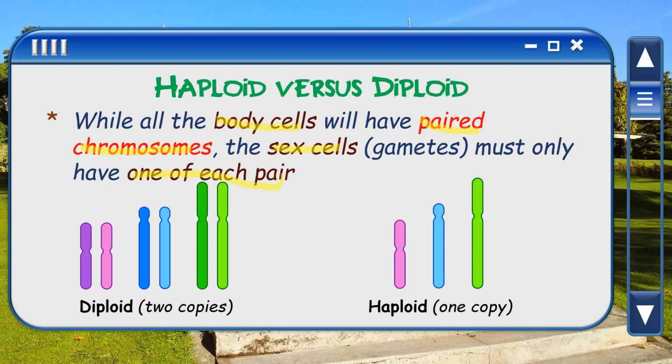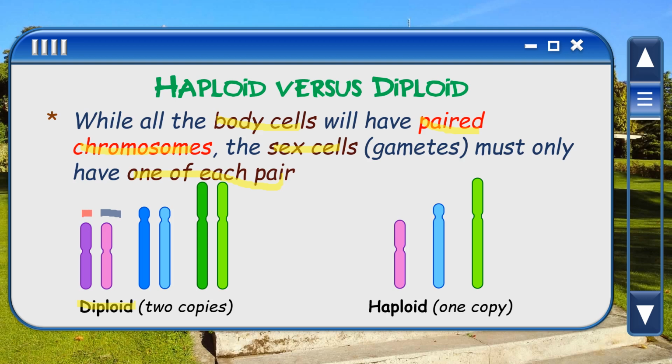Sometimes we refer to them as somatic cells. Body cells have paired chromosomes, what we call the diploid. One came from the mother and another one came from the father.